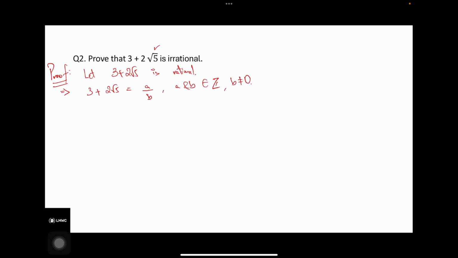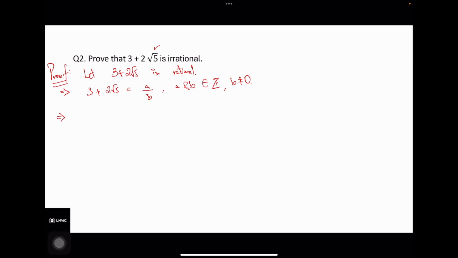Now we are going to split this 3 plus 2 root 5. We write only the square root 5 term on the left hand side, and we take 3 and 2 to the right hand side.